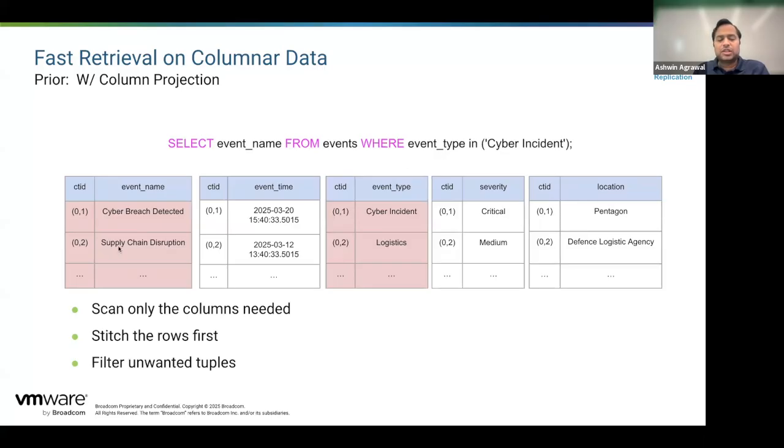It essentially scans all the columns and then stitches them together to form a row. So it has to scan column 1, column 2, column 3, stitch them together, apply the filtering logic, and then return the tuples above. That's the current state of the art, what exists without implied indexes.